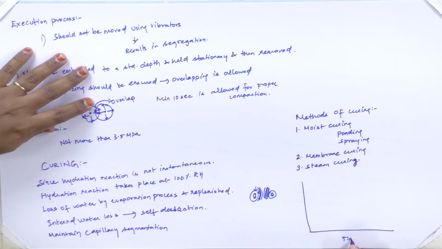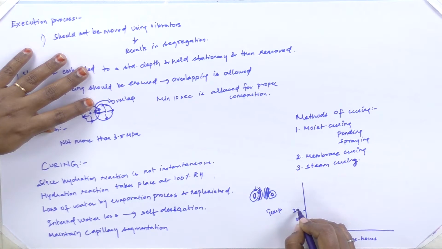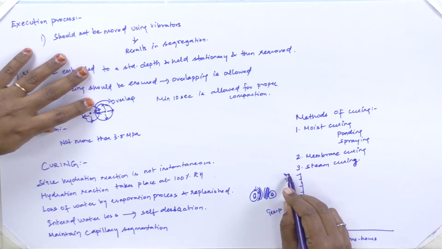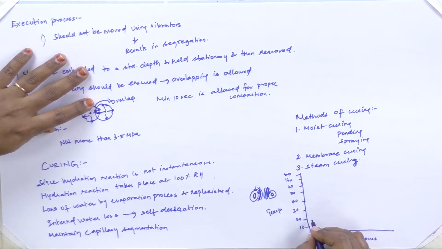This is time in hours and this is temperature: 10, 20, 30, 40, 50, 60, 70, 80. This is the temperature and this is time.